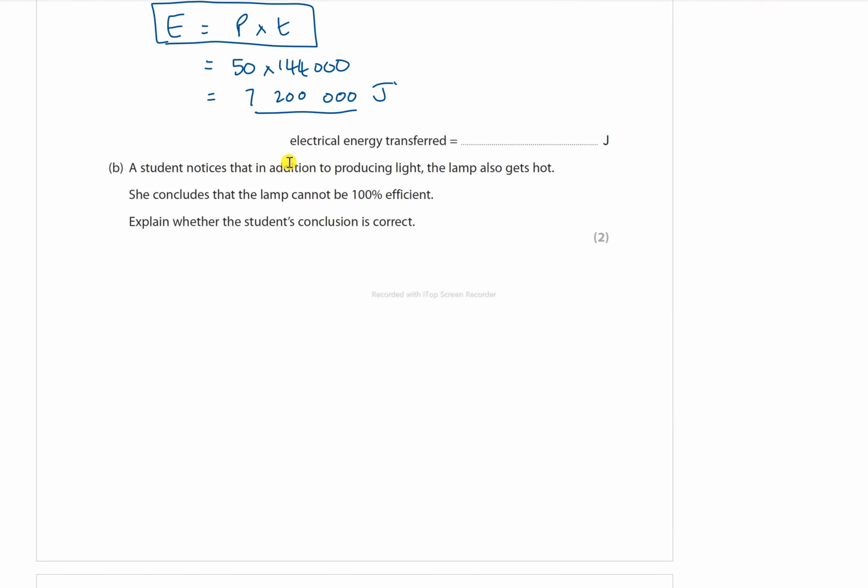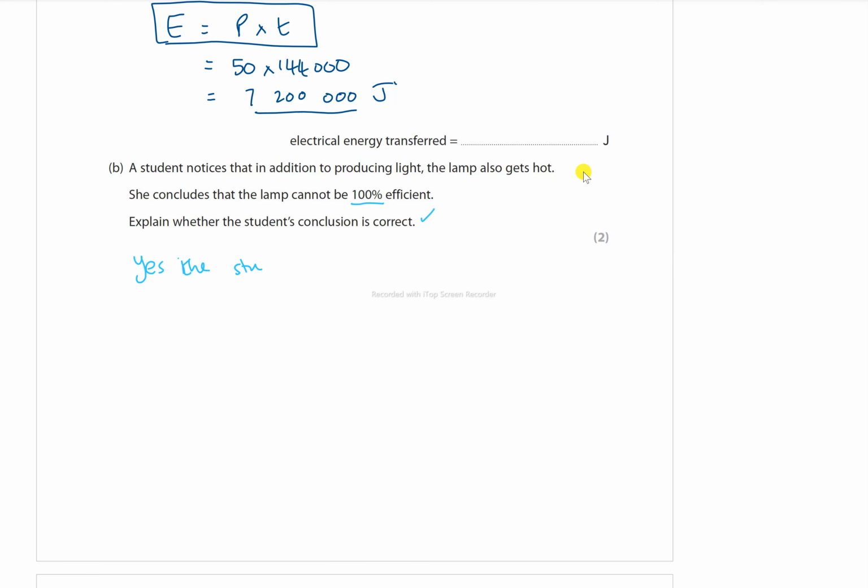Right, a student noticed that in addition to producing light, that lamp gets hot. The student concludes that it cannot be 100% efficient. Is the student correct? Yes, the student is correct.